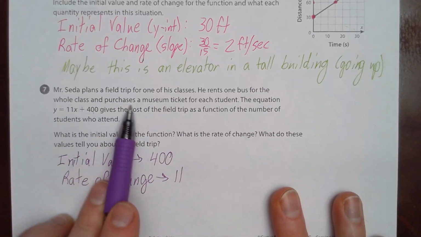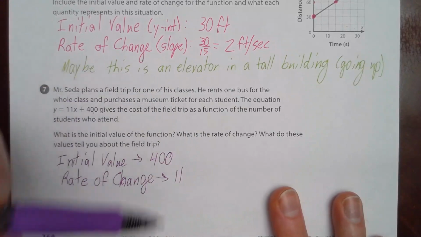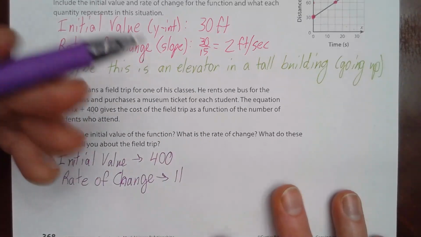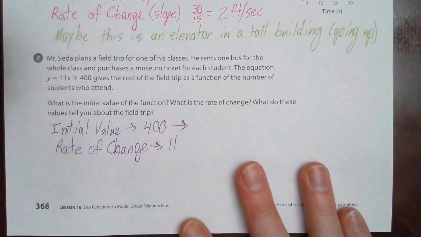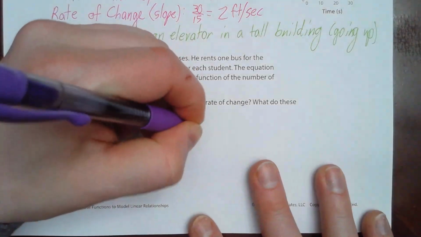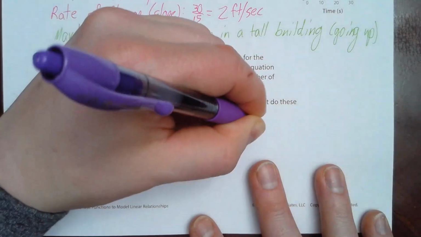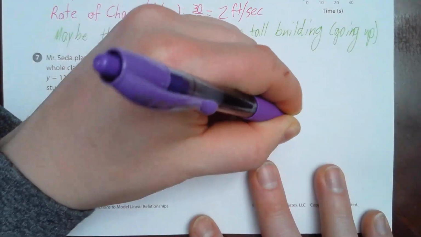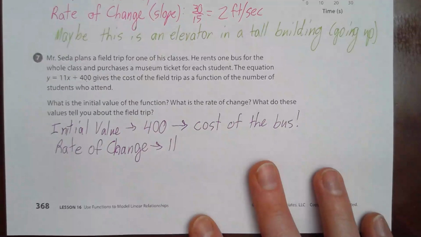And then he purchases a museum ticket for every student that attends. Okay? So we need to see in this what happens just one time. That's the cost of the bus. $400 he paid for that bus.